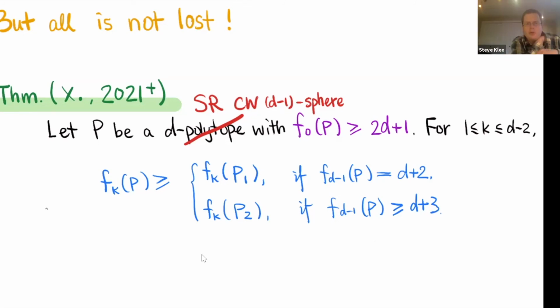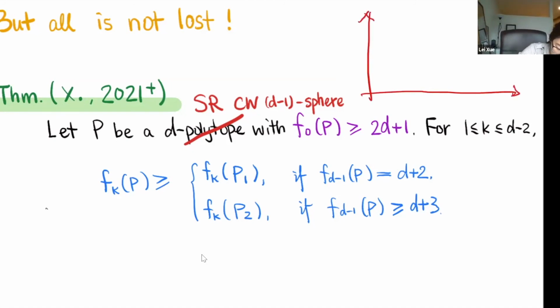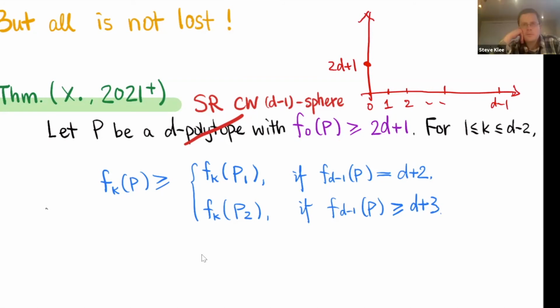Okay, so the picture I had in mind is this. Let's say this is 0 and 1, and then D minus 1, so this is 2D plus 1. If I draw the F vectors of those two polytopes, this is about in the middle. I think one goes like this, and one goes like this.